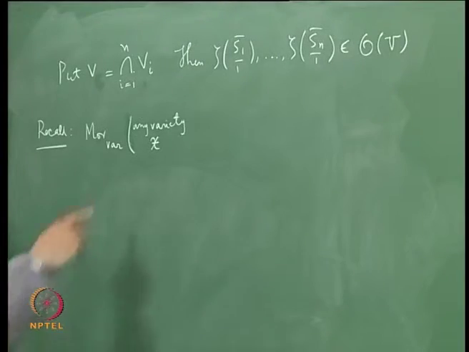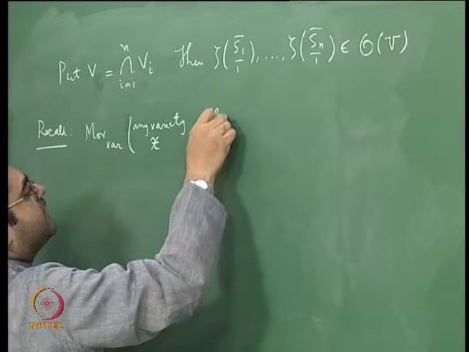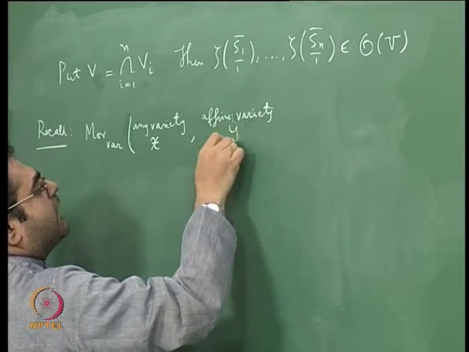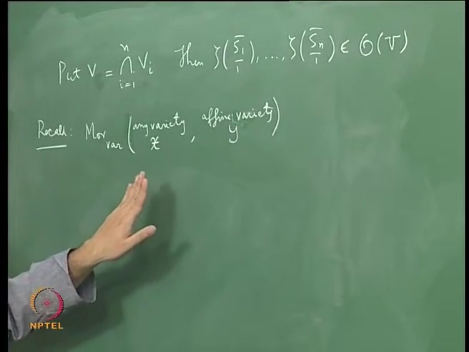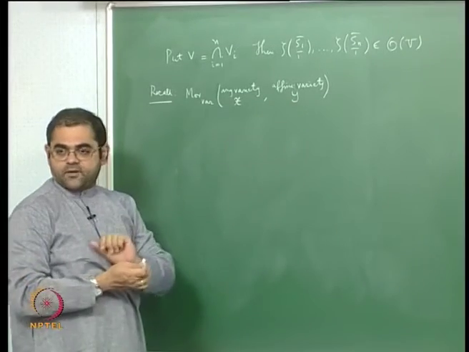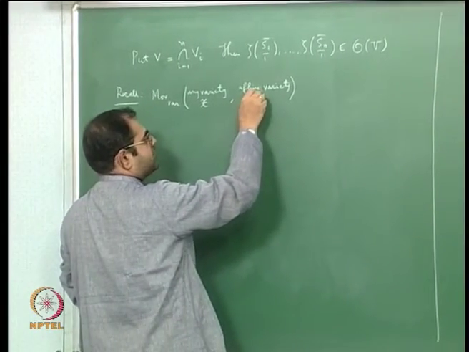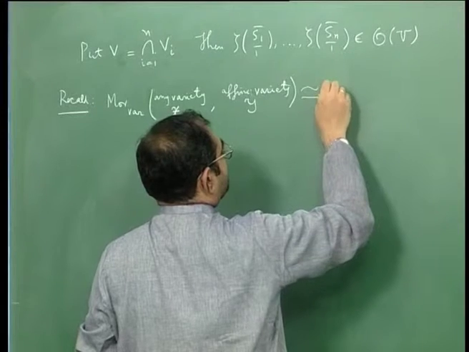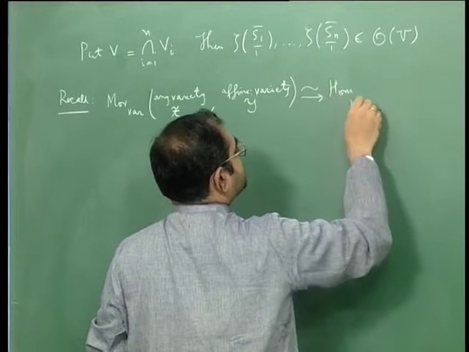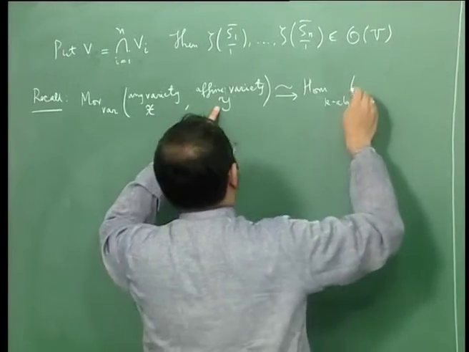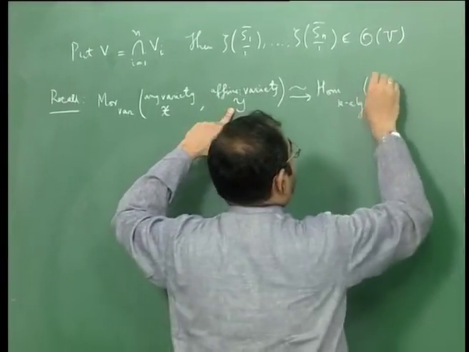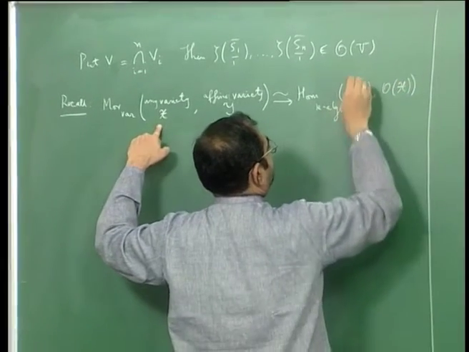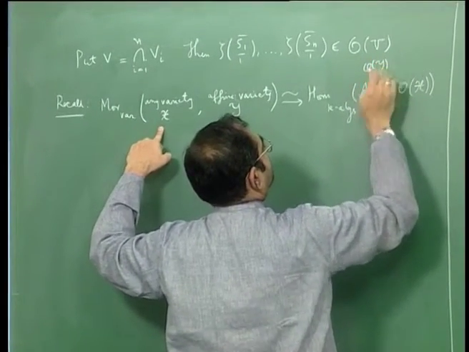You take any variety X and you take an affine variety Y, and if you look at the set of morphisms of varieties from script X to script Y, then this is in a natural bijection with the set of all homomorphisms of K algebras from AY to OX, and mind you AY is the same as OY because Y is affine.